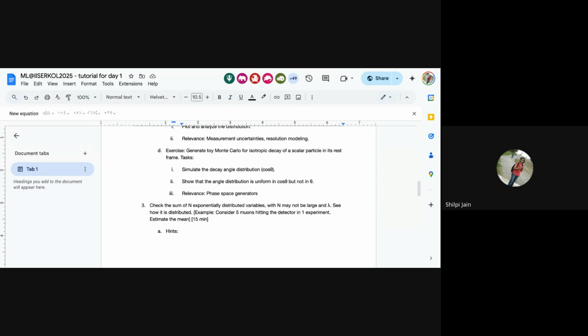Will it be symmetric? Will it be uniform in theta, or will it be uniform in cos theta? Yeah, that is the question. I think I have already written it by mistake. Okay. So maybe I can ask, why will it be uniform in cos theta but not in theta? Can someone answer me?